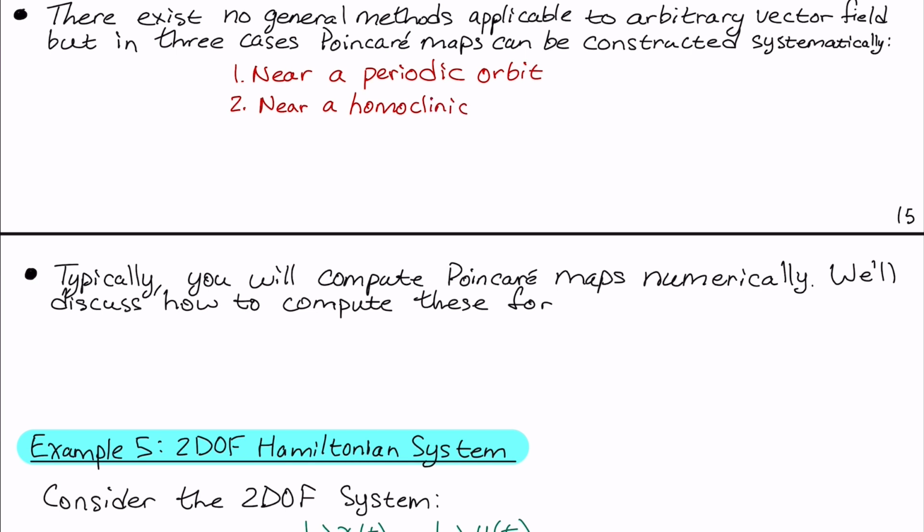And just to explain what this is, a homoclinic orbit is where you have a single fixed point and the orbit leaves and then wraps around and intersects back to that. So when you have homoclinic orbits, you can construct a Poincare map systematically. We're not going to go into too much detail on how to do this.